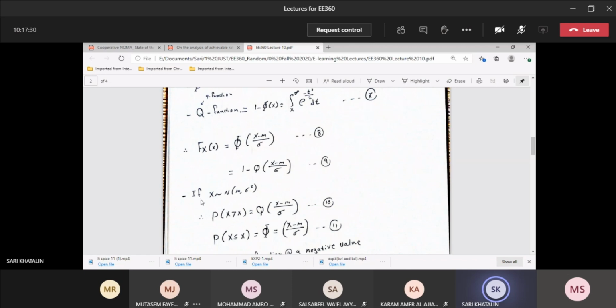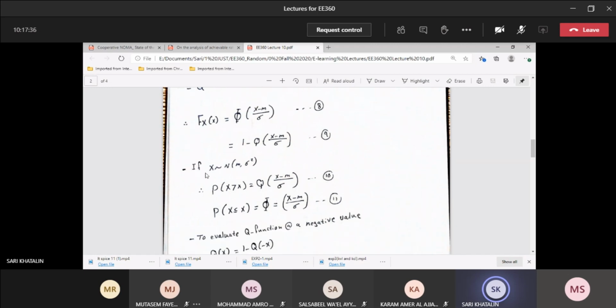So in terms of probability, if we are given a normal distribution where the mean is given and the standard deviation or the variance is given, we can find the probability of the random variable X larger than the value of small x, and also the probability of X less than small x. Now, equation 11 right here, if you go back to the lecture before last, is the definition for the Fx or the CDF.